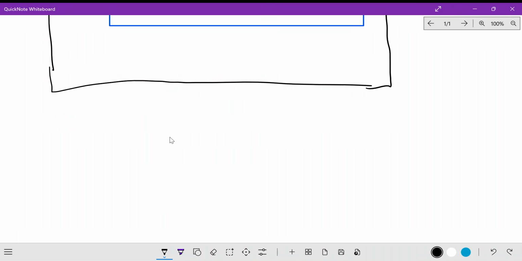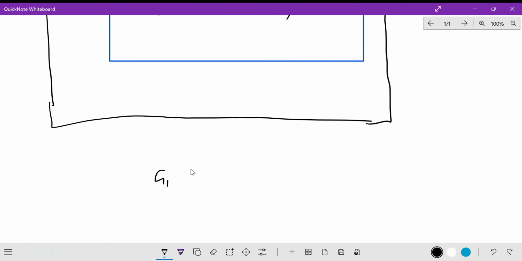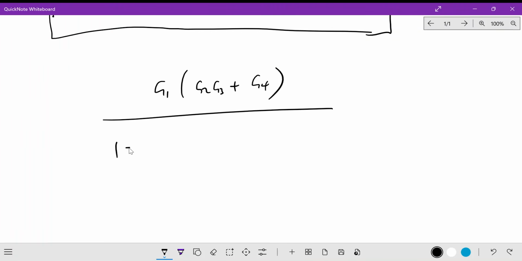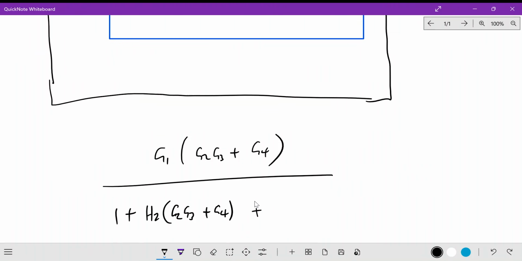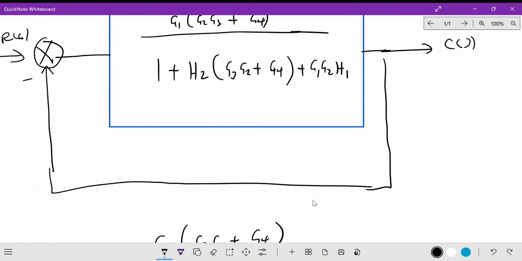So you're going to have G1 times G2 (G3 plus G4) over 1 plus H2 times G2 (G3 plus G4) plus G1 G2 H1.